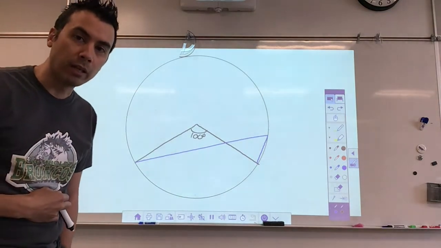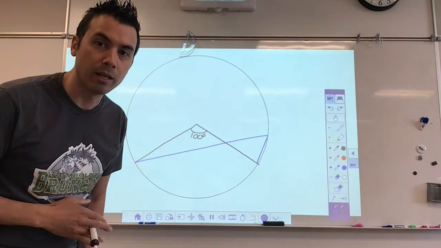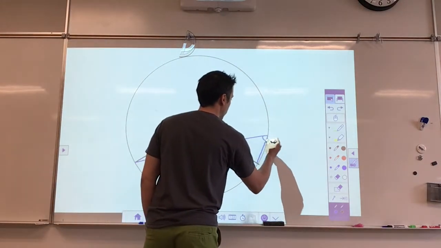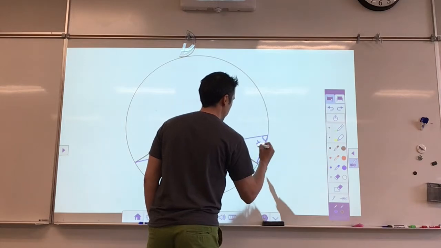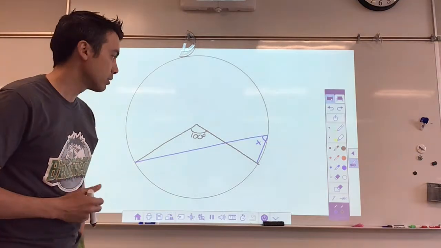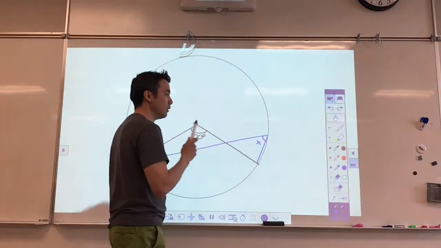And it won't be in different colors like I just did. It's just going to be black lines, so it's going to be hard to figure out. But they're going to ask you for this angle right here. Or I'm going to ask you for it maybe on a quiz or a test or on an assignment.